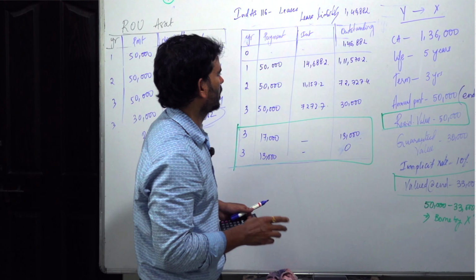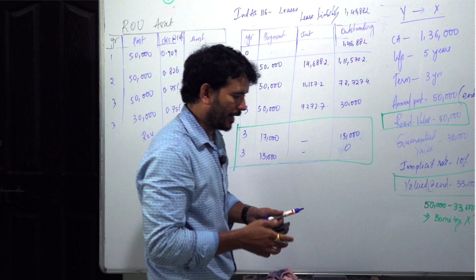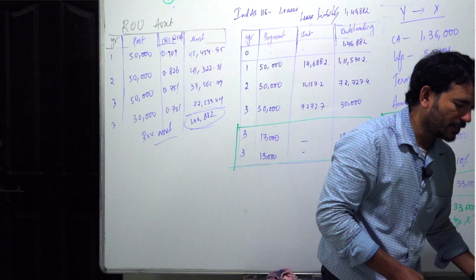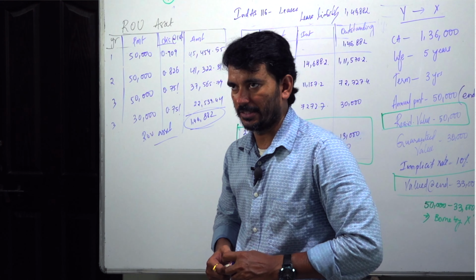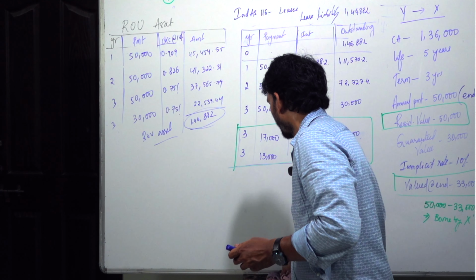So now this is your ROU asset, ROU liability, but that is not the end. The end will be how you write the entries, how you flow the entries on a year basis. So we have 3 years. So I'll be writing the entries.